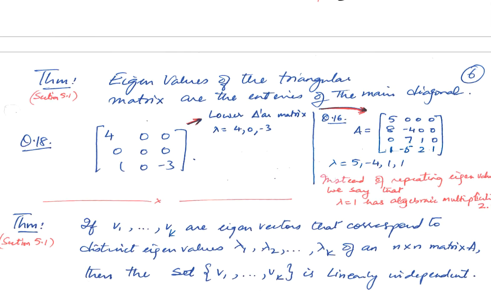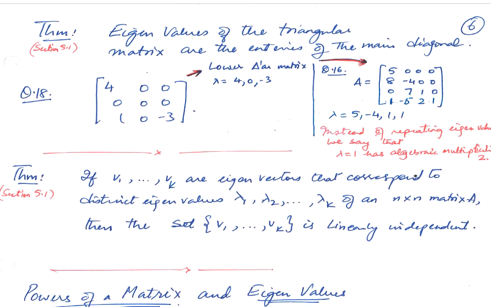The theorem says the eigenvalues of a triangular matrix are always the entries of the main diagonal. So let's look at this matrix. Clearly, this is a lower triangular matrix. Remember, lower triangular means zeros above the main diagonal. Do you see that over here?